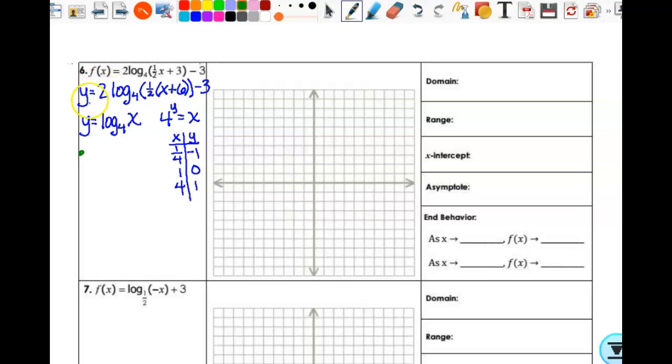This 2 is a what? Stretch. It's a vertical stretch by 2. Okay, I move along. The 4 is part of the parent function. It's not a transformation. That 1/2 is a horizontal what? Stretch by 2 also. The 6 means I go left 6. 3 means I go down 3.